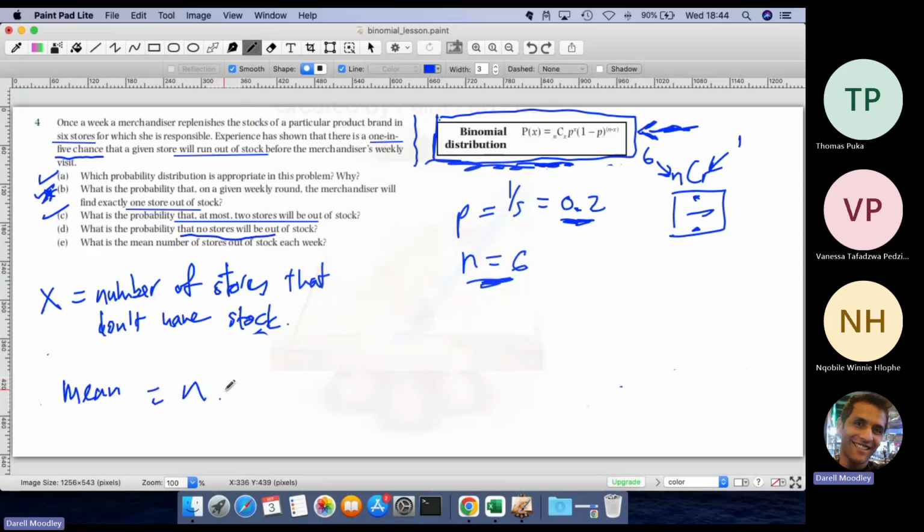That's how you get the mean. In other words, it's 6 times 0.2, because that's your p and that's your n, and if you work that out, I think you get a value of 1.2. I'll explain intuitively why this is the case. This is your average, the average number of stores you expect to run out of stock.